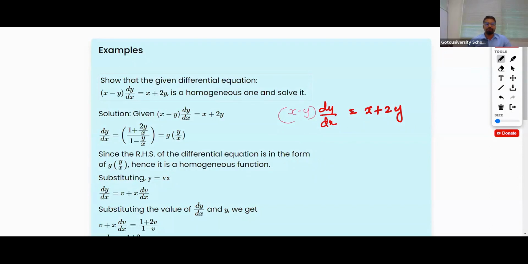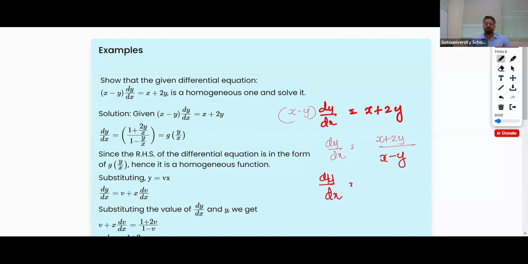How will you show this first? If you rearrange this, dy by dx is equal to what we get: x plus 2y by x minus y. Is it clear? So now if you want to show this, you have to give this function as g of y by x, right?